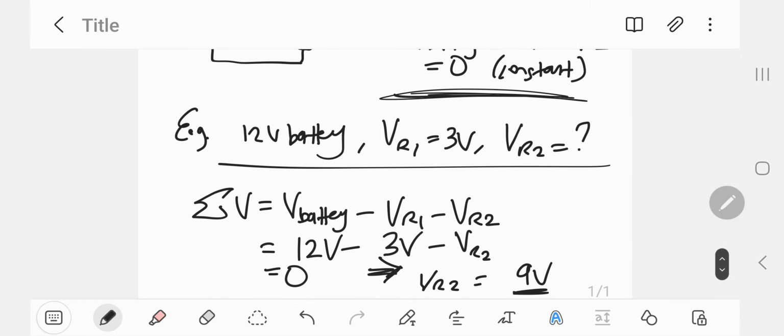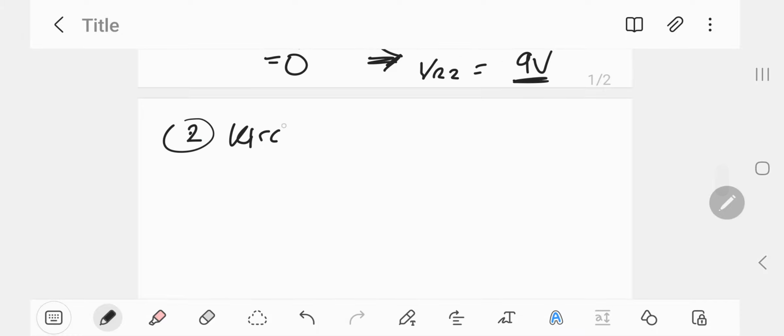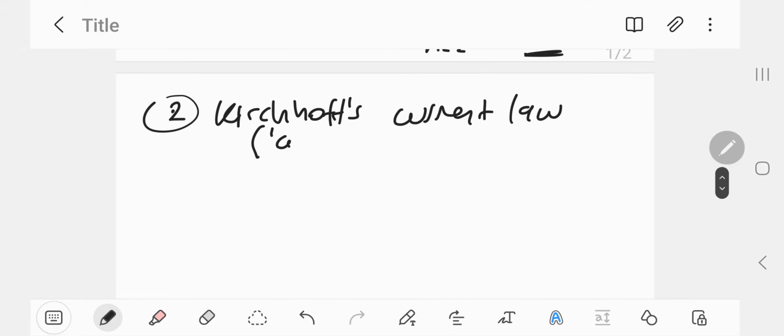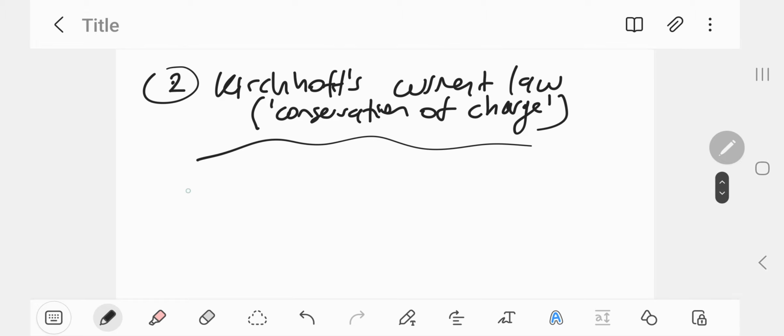That's Kirchhoff's voltage law. Kirchhoff has another law called Kirchhoff's current law, also known as conservation of charge. Let's see how this works. So I'll draw a circuit once again.